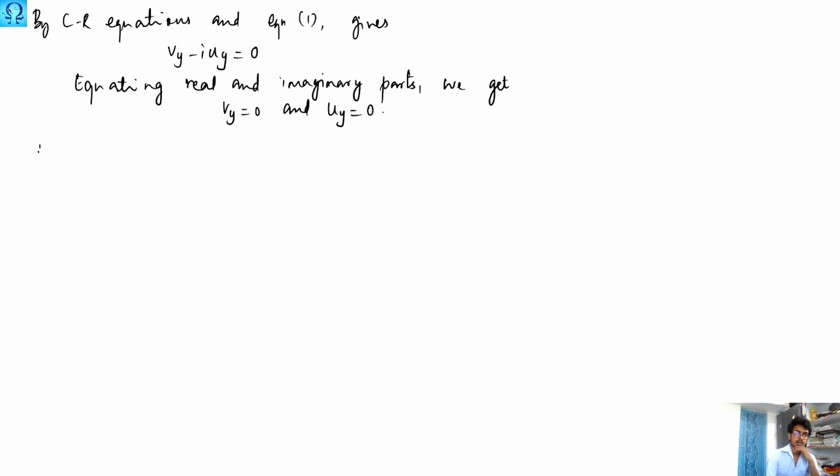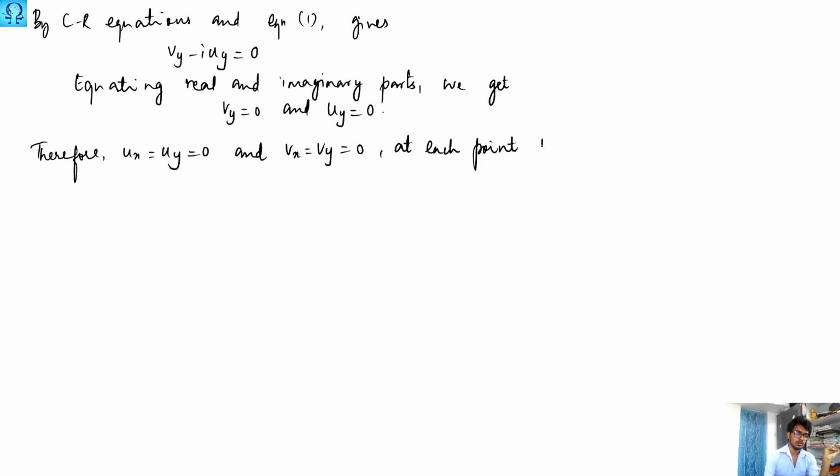Therefore what we conclude is u_x, u_y are 0 and v_x, v_y are also 0 at each point in D.